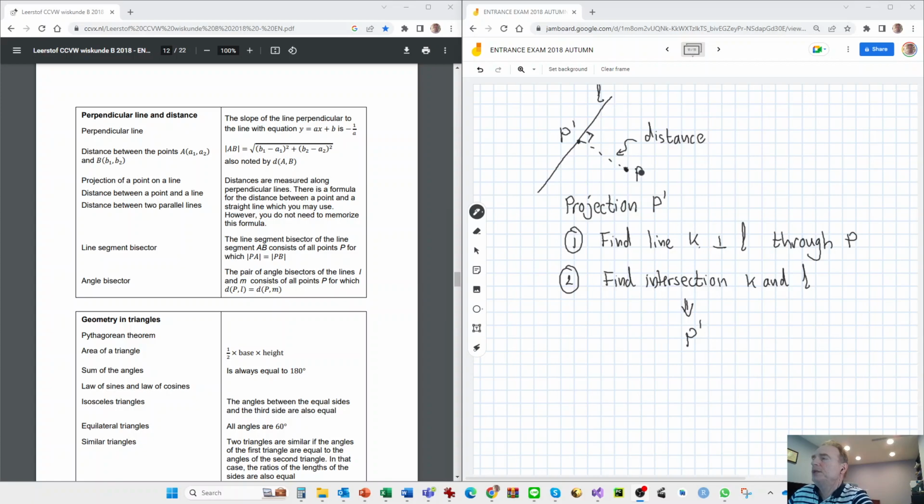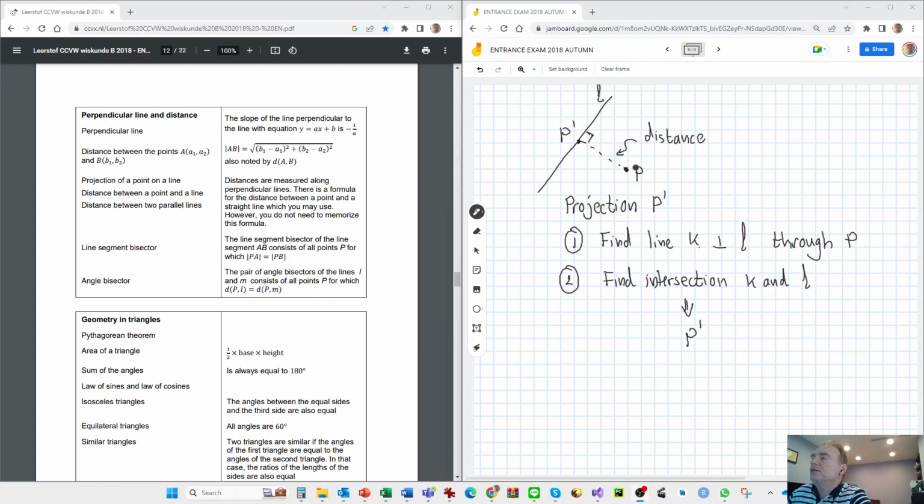The projection of a point on a line is given here. Say you have a point P and a line L. Then to find the projection P prime, you need to find the line K, which is perpendicular to L and goes through P. By using this rule, you can find the slope of line K and then demand that it goes through P. Then you can find the equation for K, and then you find the intersection of K and the line L, and that intersection point is P prime.